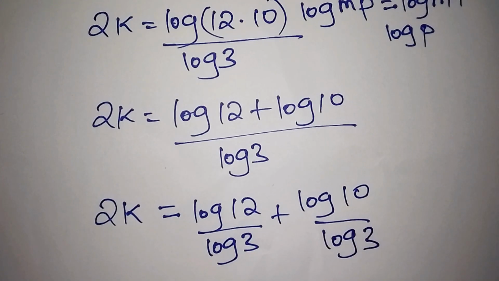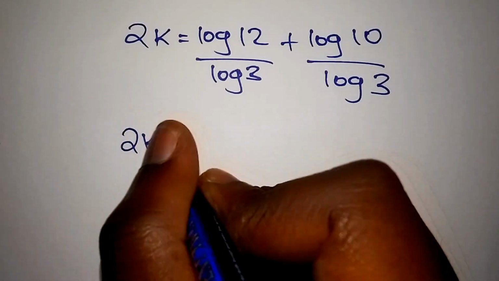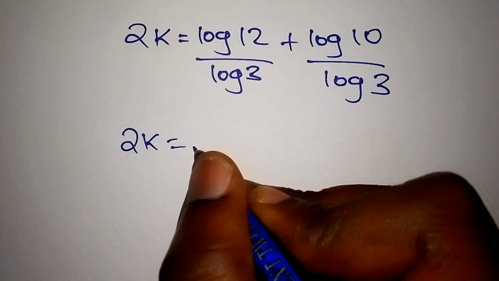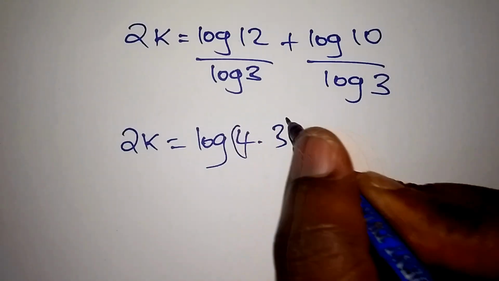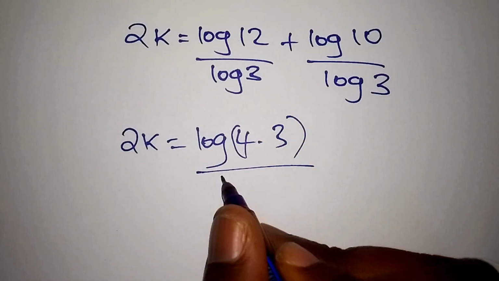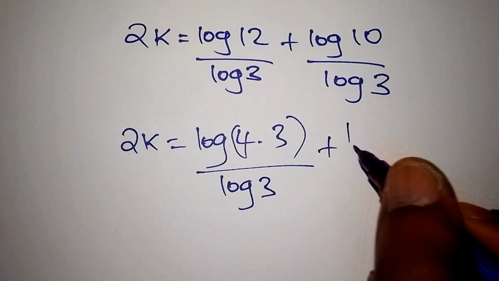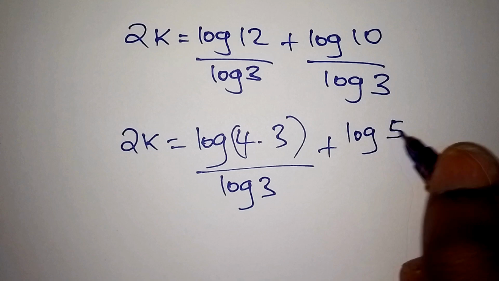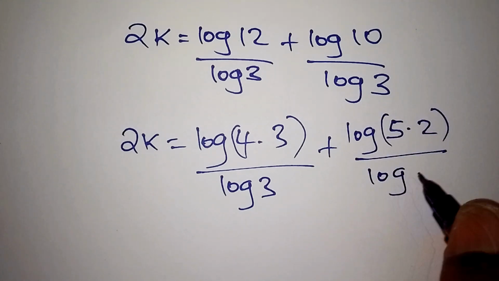This means 2k is equivalent to the log of 12 written as the log of 4 multiplied by 3, all over the denominator, the log of 3, plus log 10 written as the log of 5 multiplied by 2, all over the log of 3.